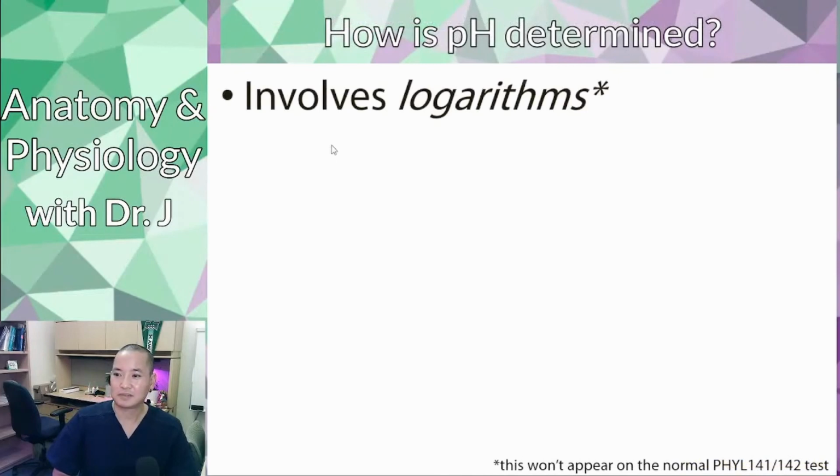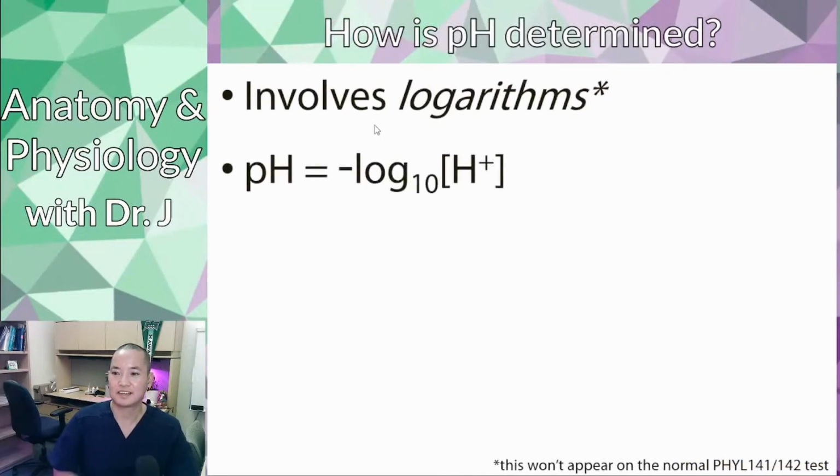Now how we determine pH, I'll try to end on this part. It involves logarithms, and this little negative sign over here is why pH is kind of counterintuitive at first. I'm not going to ask you to do logarithms on the test in this class because it's not Algebra 2. But if you really want to know why pH is that way, it's due to this.